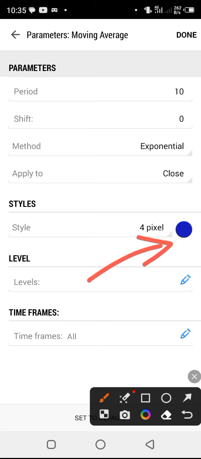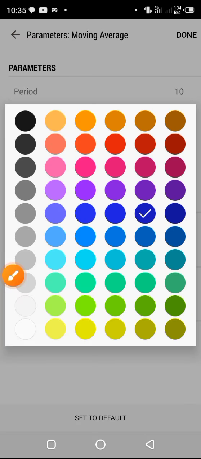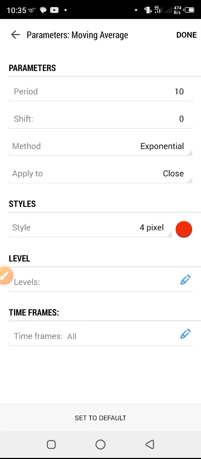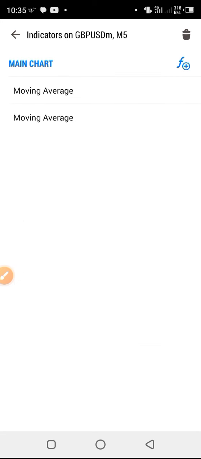I need a different color here, so I'll be able to differentiate between the 5 period moving average, which is the first one I did, and this one, which is the 10 period moving average. So I'll use a red color. Now once I see the red line, I know that it's for the 10, and when I see the blue line, it will be for the 5.